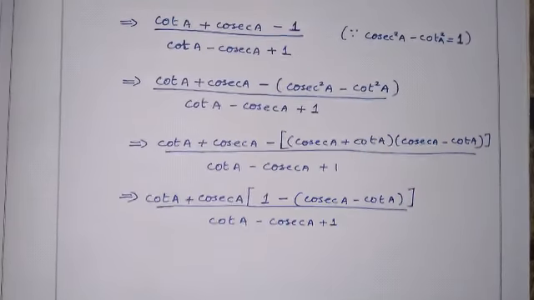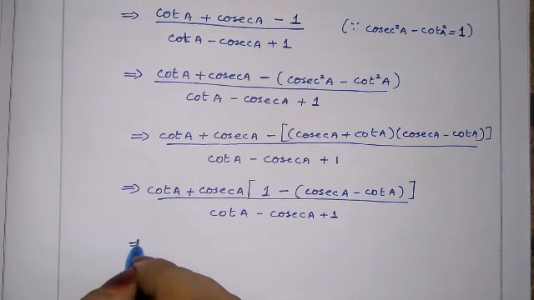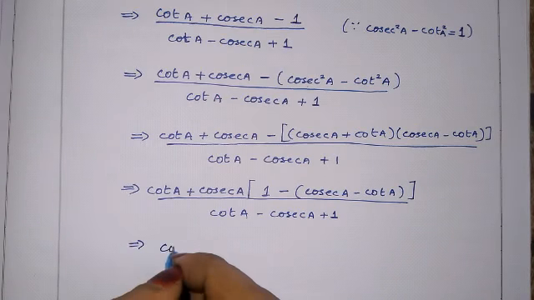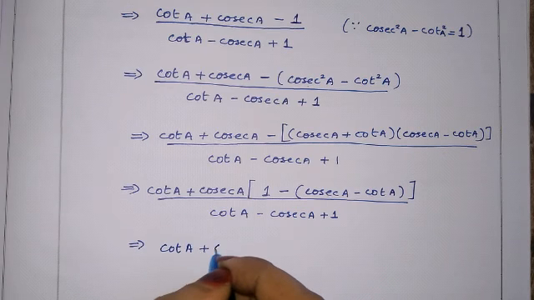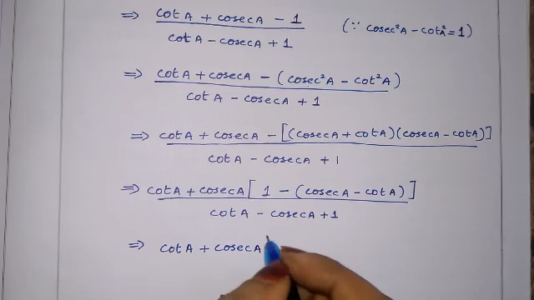Next, this outside as it is, cot A plus cosec A, let it be as it is.